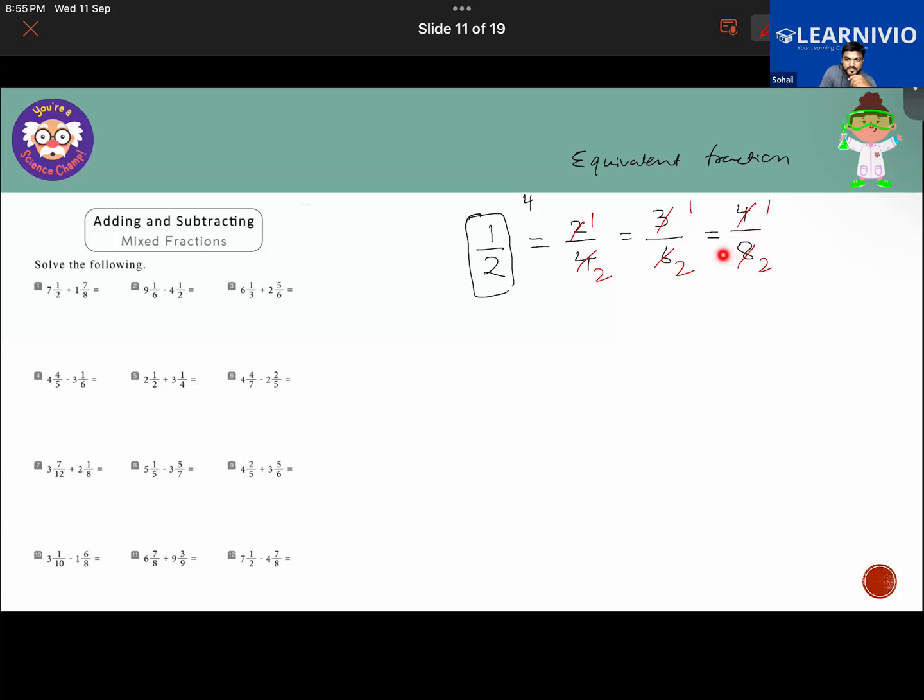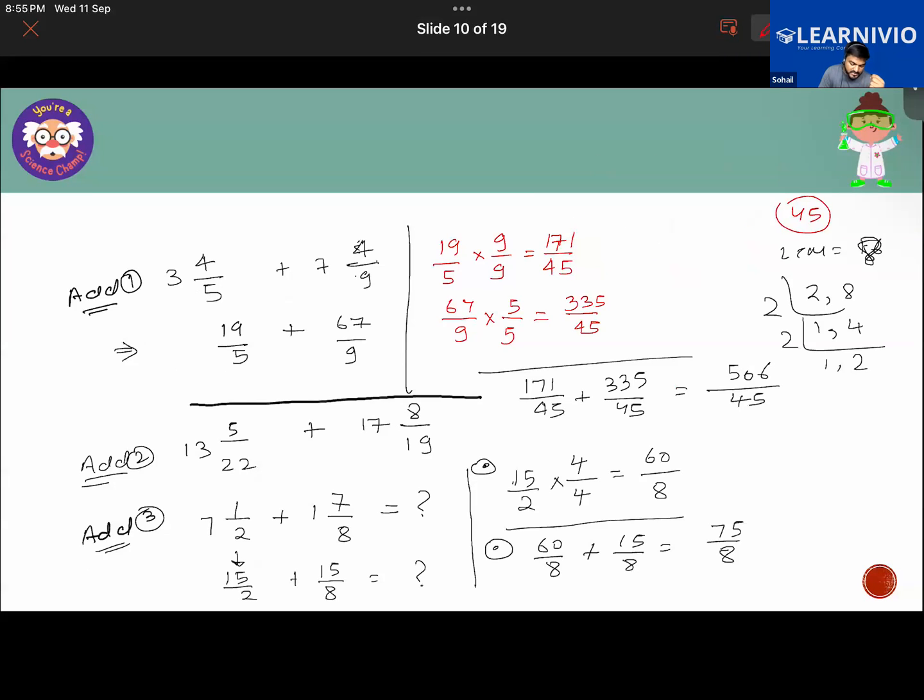So even if I have multiplied the numerator and denominator with 2, with 3 and 4 here, the value of the fraction does not actually change. It is an equivalent fraction of the previous one, because after dividing the numerator and denominator, I get the same fraction back. That's why it is important to multiply both of them with the same number.